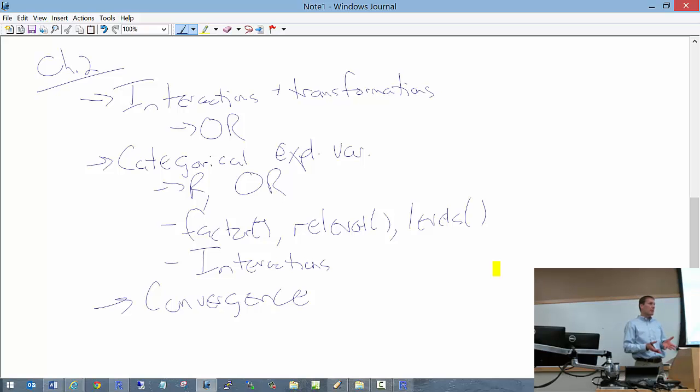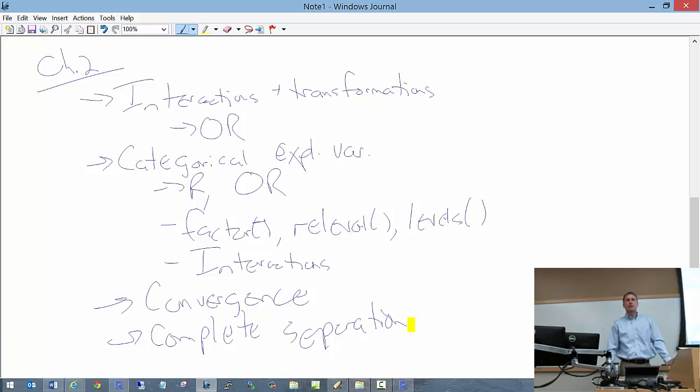We looked at some examples of what to look at. Also, a big thing that comes up with convergence issues is complete separation. A very simple short answer question is, what is complete separation? What problems does it cause? Why does it cause it?